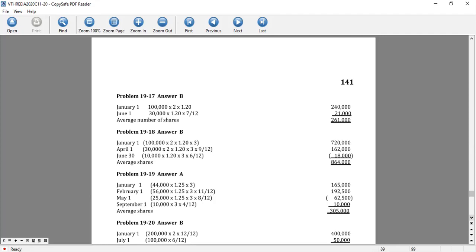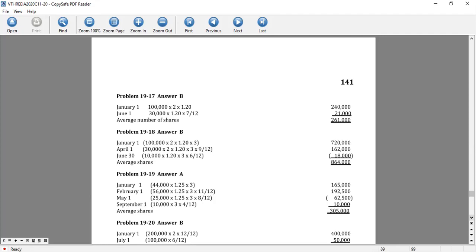The split occurred on December 31, so it will affect the shares from January 1, April 1, and June 30. That's why on January 1, we have 100,000 times 2, for the split on May 1.